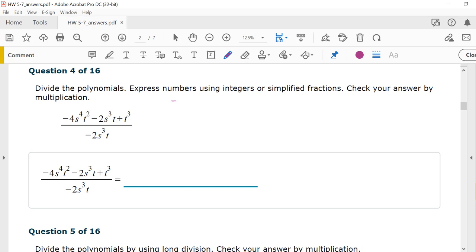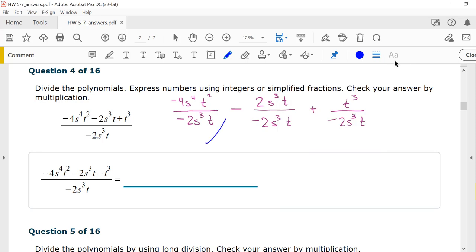So I'm going to write negative 4s to the fourth t squared over negative 2s cubed t minus 2s cubed t over negative 2s cubed t plus t cubed over negative 2s cubed t.